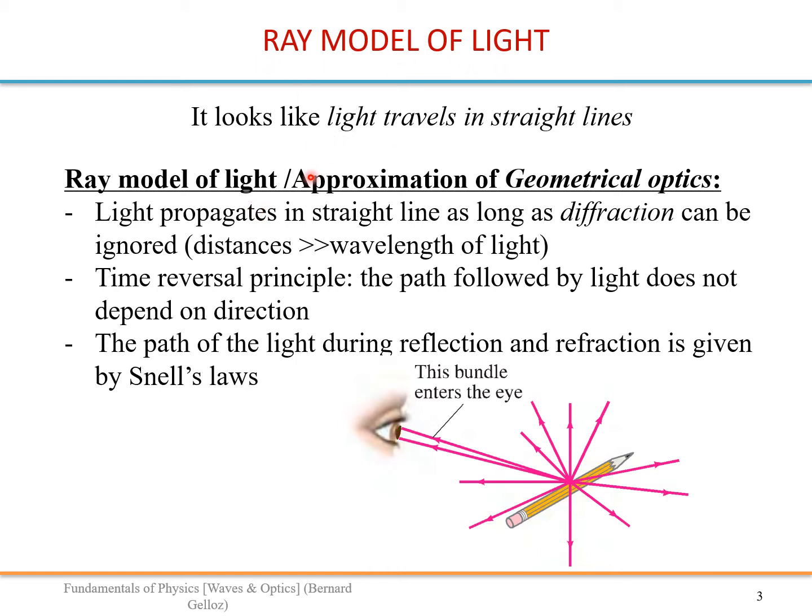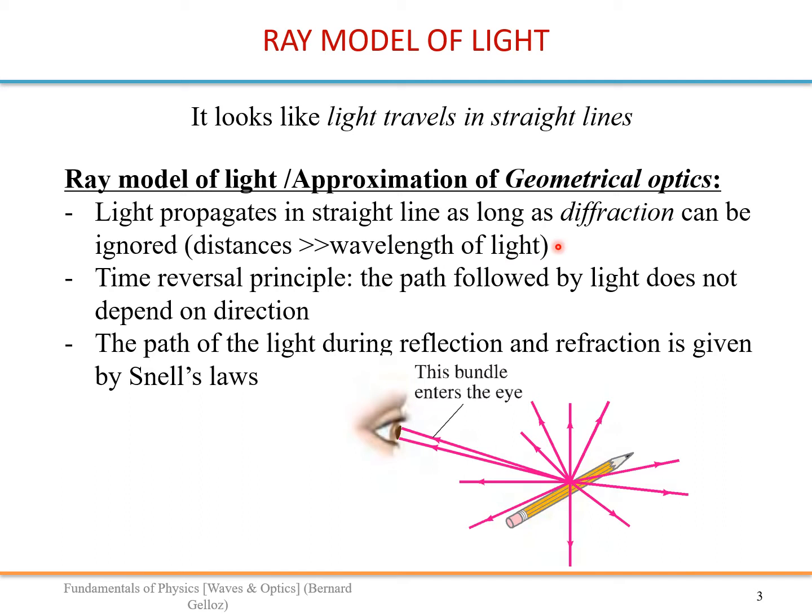So the ray model of light, we've seen it in the previous lectures, but let's just state what the approximations are. So light travels in a straight line. Light propagates in a straight line as long as the distances are much higher than the wavelengths of light.